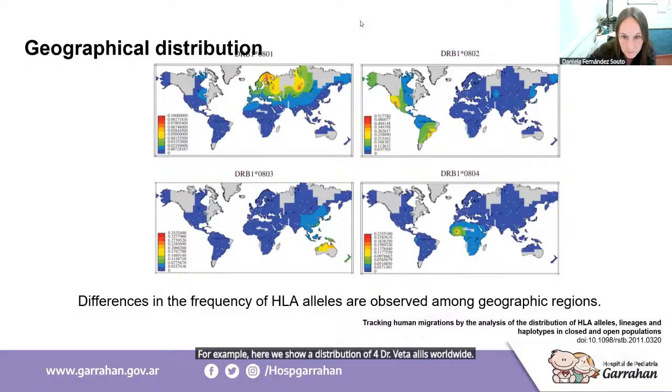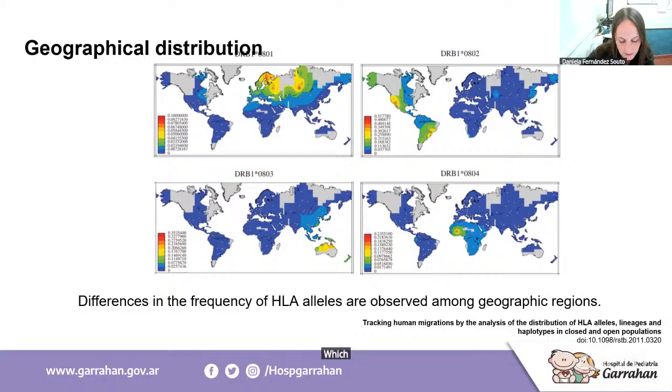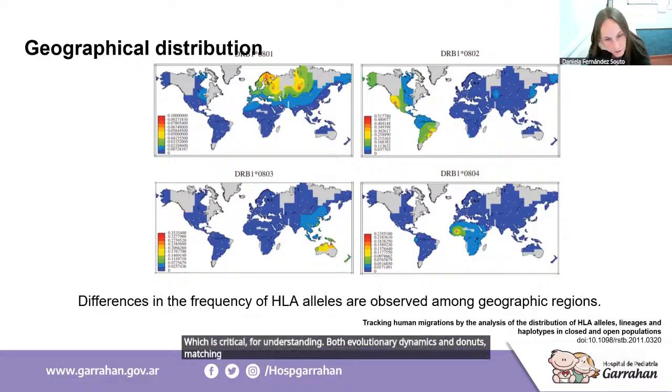As we can see, each allele is common in a specific region and may even be completely absent from others. These patterns highlight how HLA diversity is shaped by population history and migration, which is critical for understanding both evolutionary dynamics and donor matching in transplantation.